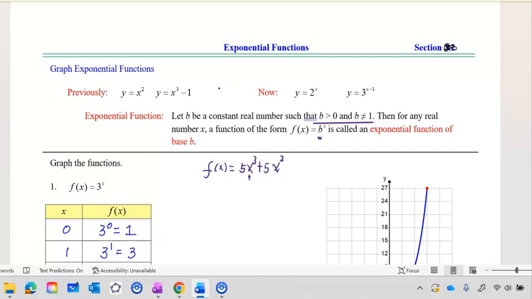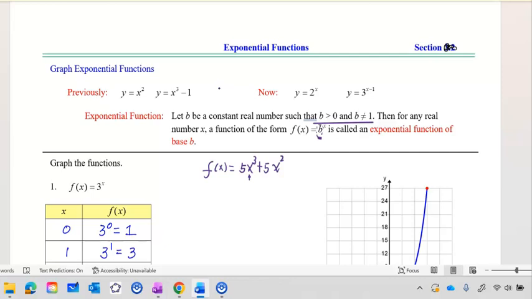But the exponential function is the other way around: my base right here is the real number, but the power, the exponent, is the variable. That's what we call the exponential function. And this base b has to be greater than 0 and not equal to 1.